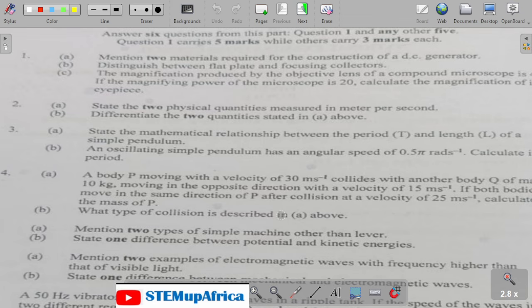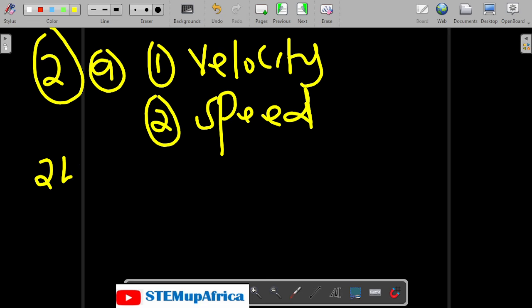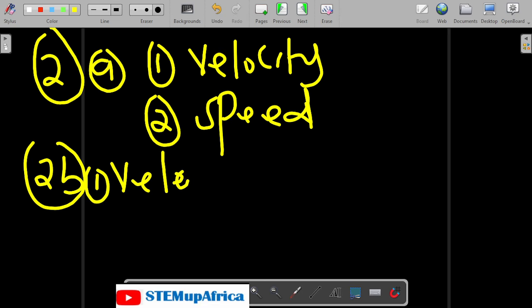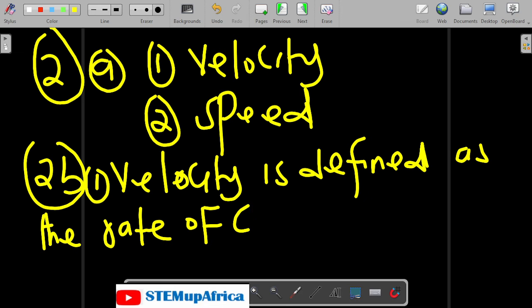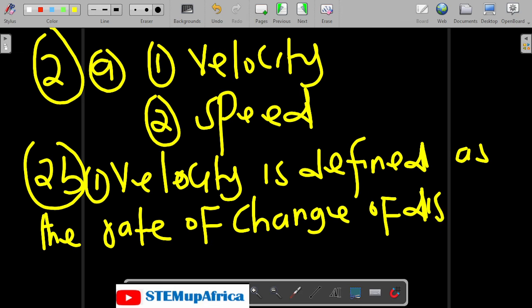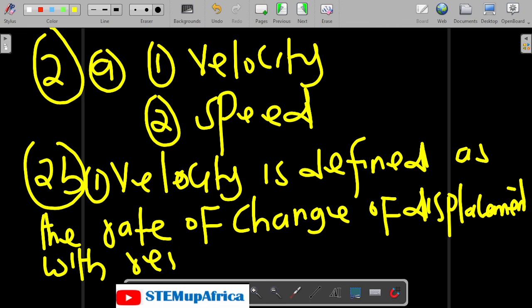Then B, distinguish these 2 quantities stated in one above. Very simple. So 2B, you can differentiate them using the definition. Velocity is defined as the rate of change of displacement with respect to time.